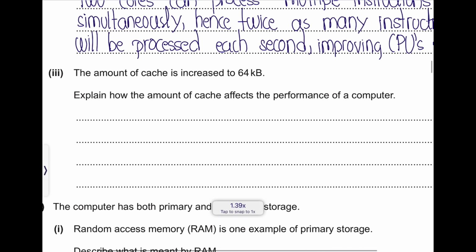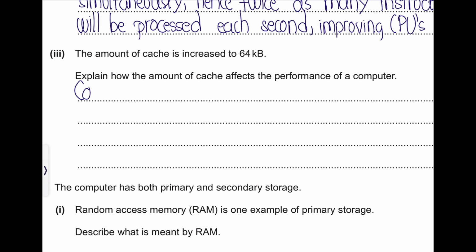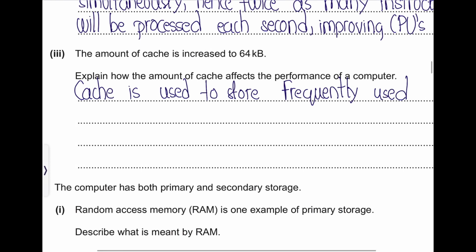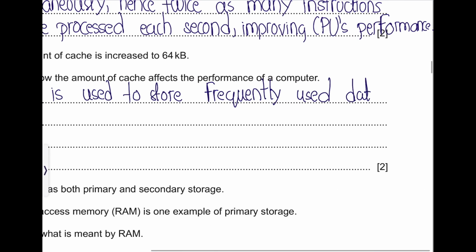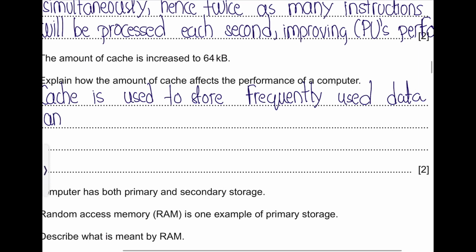The amount of cache is now increased to 64 kilobytes. Explain how the amount of cache affects the performance of the CPU. For this, cache is used to store frequently used data and instructions.